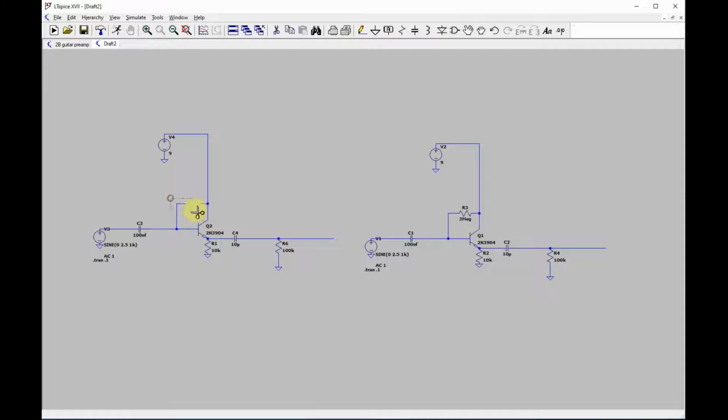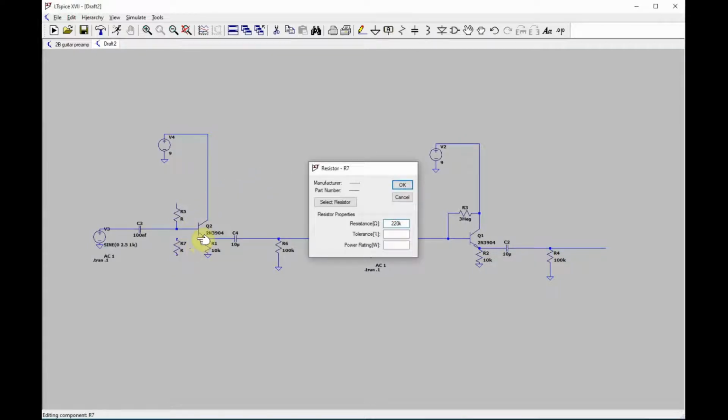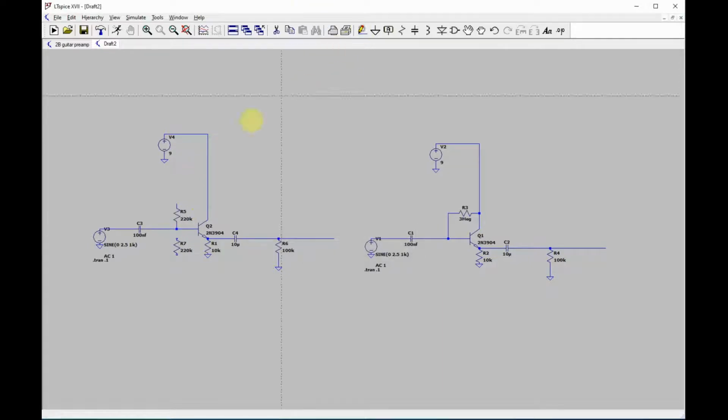This would be a typical emitter follower. It's going to have this configuration here. We'll just do it something like this. Be biased like this.